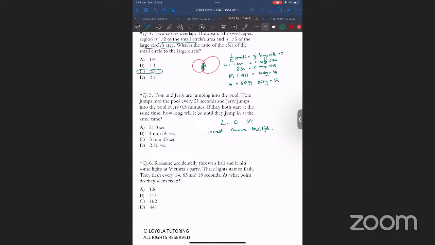Why do we choose the lowest? Okay, first of all, what is a multiple? Can I get a show of hands or send it in the chat? Shri Aditya? Do I unmute myself and say it? Yeah, of course. So what's a multiple?